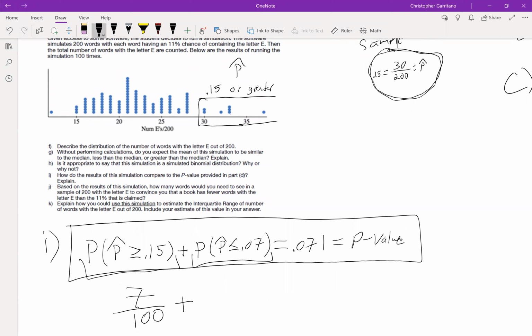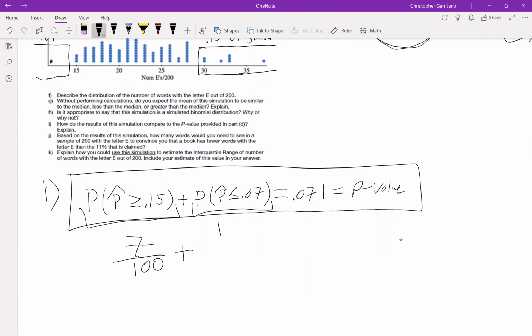0.07 corresponds to 14 over 200. So that would be just to the left of this 15. So we have 0.07 or fewer. And notice that there's only one dot here. So only 1 dot corresponds to a p hat of 0.07 or fewer.